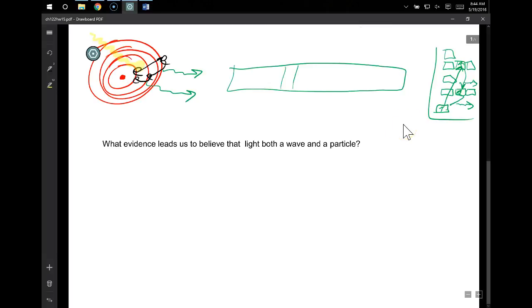So what's the evidence for light being both a particle and a wave? What about a wave? What do you got for a wave? Diffraction. I actually don't like that word bends.